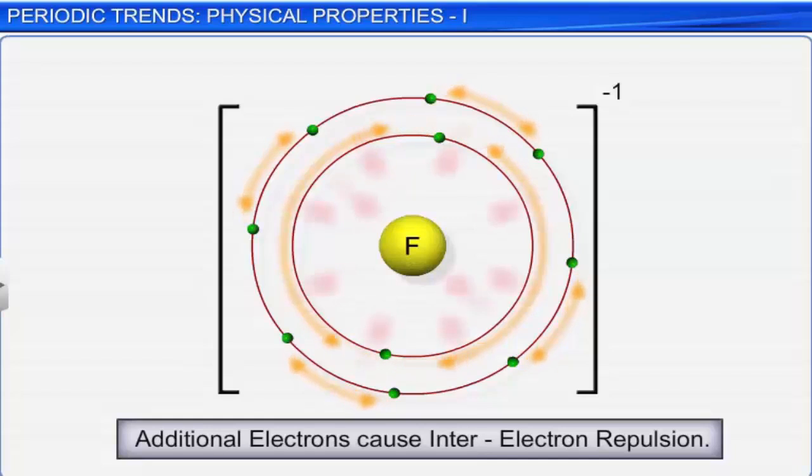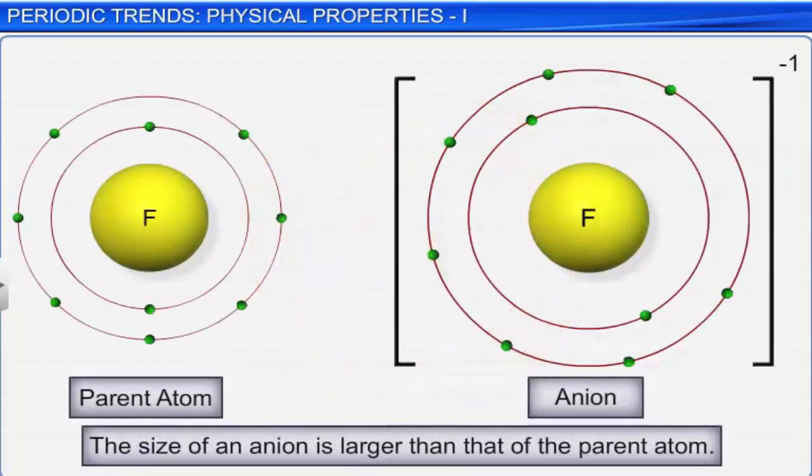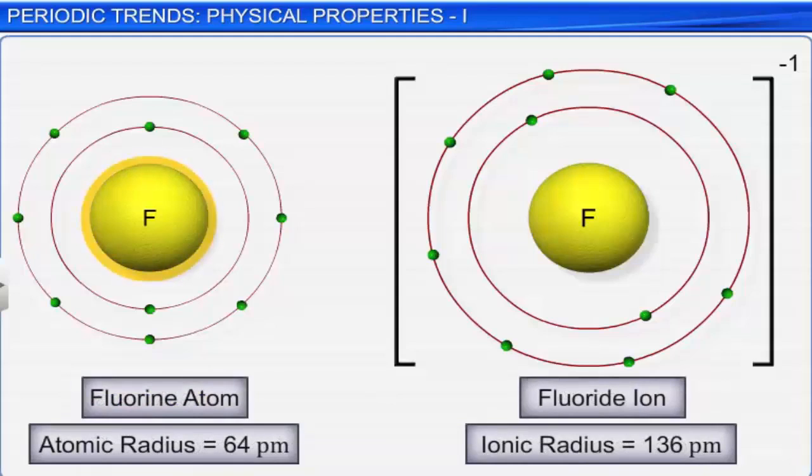The atomic radius of fluorine, F, is only 64 picometers, whereas the ionic radius of fluoride ion F- is 136 picometers. Clearly, the variation between the atomic and ionic radius depends on the effective nuclear charge.